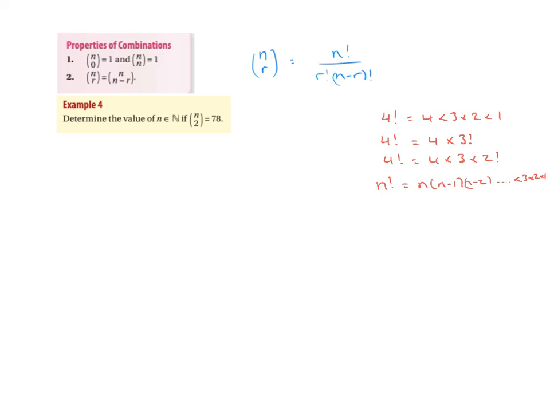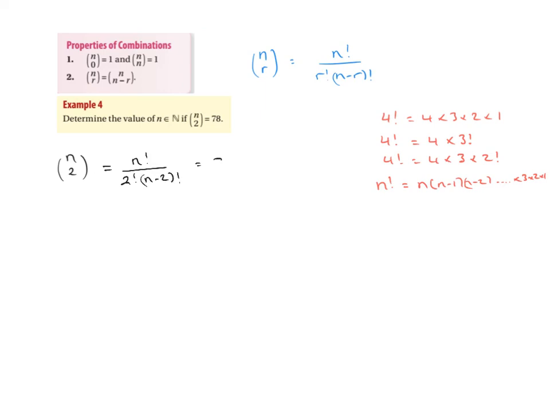Okay, so in this example, let's have a look. It says determine the value of n if n choose 2 is equal to 78. So n choose 2 is equal to n factorial over r factorial, where r is 2, so 2 factorial, and then n minus r, so n minus 2 in a bracket, factorial.